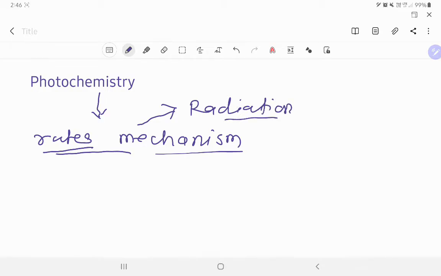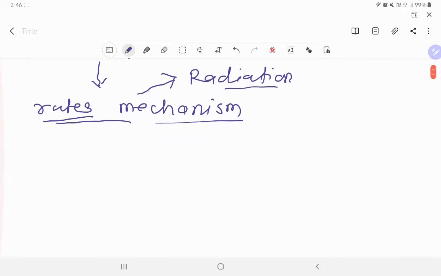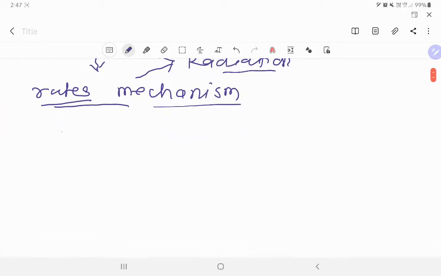Means photochemistry is the branch of chemistry which deals with rates as well as mechanism of reactions taking place in presence of light.